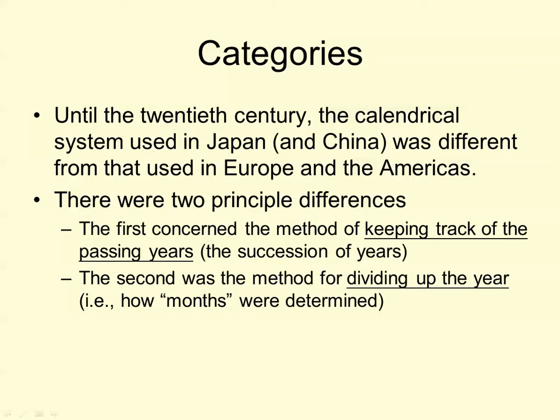Now, we looked at one method of keeping track of the passing years when we looked at Nengo, because we could see different numbers of years within a Nengo. So if you said something like Bunka 3 or Bunka 5, that certainly is keeping track of the years. But there's another important method that we're going to cover today.